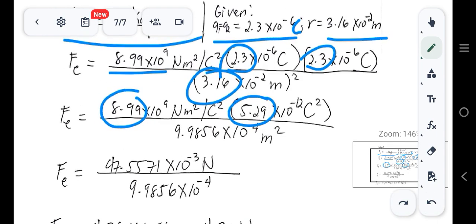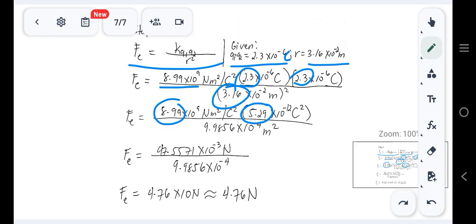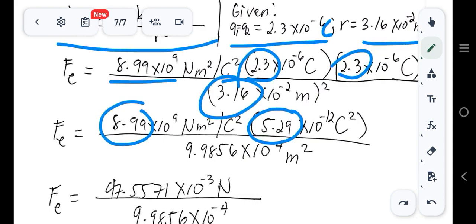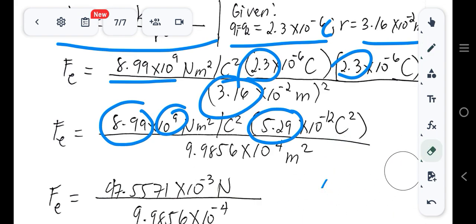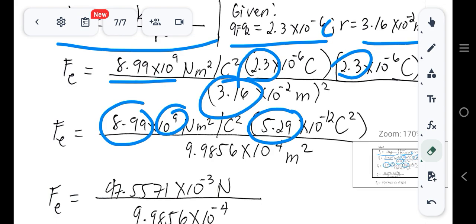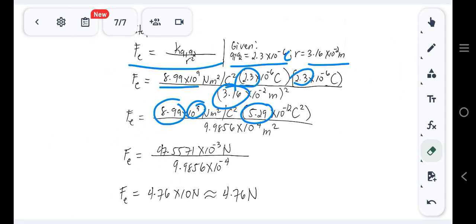And the next thing that I did is, of course, the exponents. You have to add because you have the multiplication operation. 9 plus negative 12. You will have 9 minus 12, and that will give you negative 3. You have to subtract because they have different signs. And of course, copy the sign of the value that is a higher value.